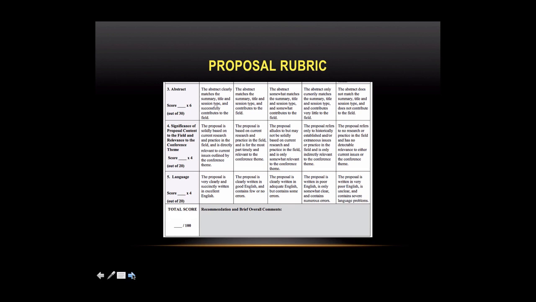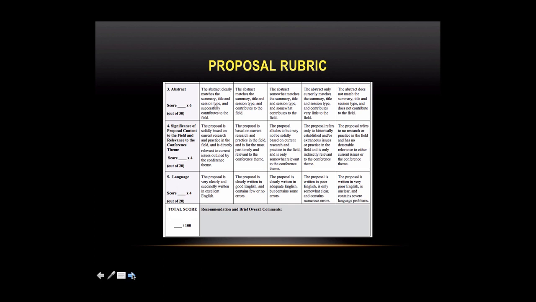You want your abstract to clearly match the summary, the title, and the session type, and also contribute to the field. For number 4, significance of proposal content to the field and relevance to the conference theme, this is out of 20, and you want your proposal to be based in research and practice that's current in the field and that's directly relevant to the issues outlined in the conference theme.